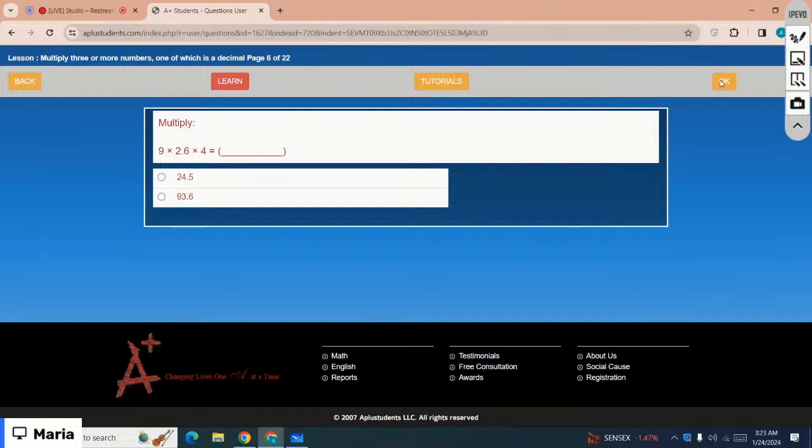Which option is the correct one? You have to do 9 times 2.6 times 4. Yes, the correct option is 93.6. Very good. The correct option is option number 2, 93.6 is the correct option.